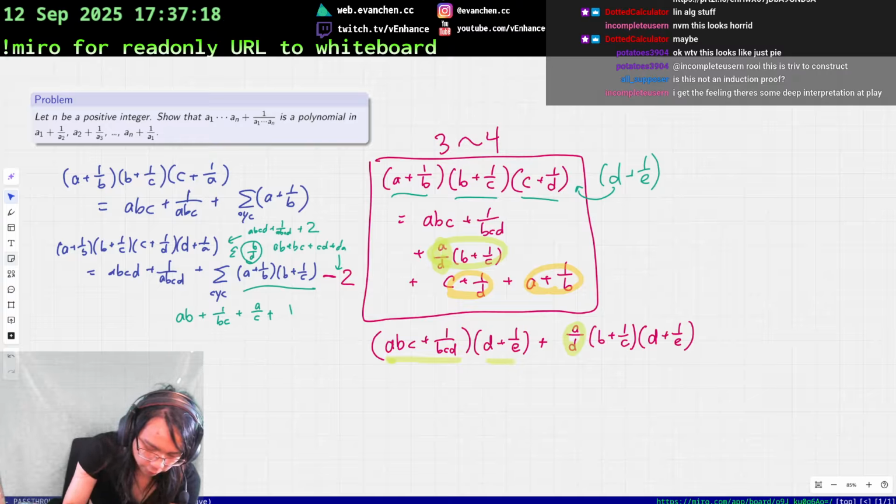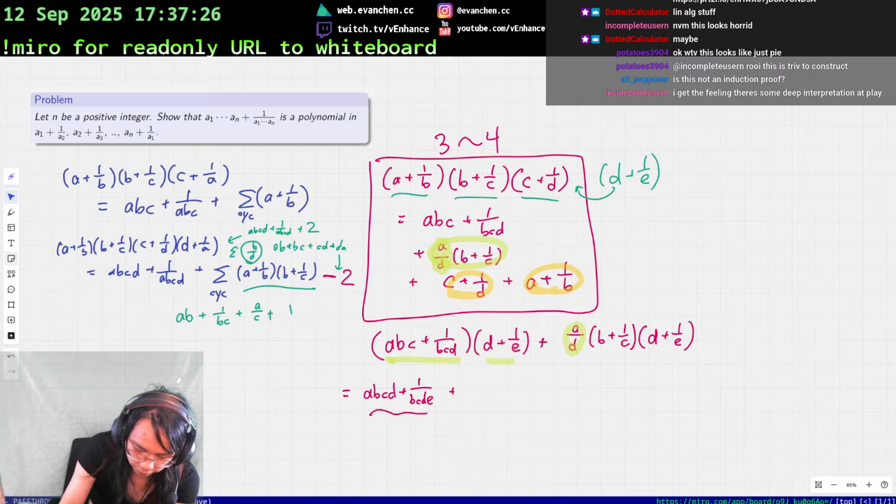When I clear that out, the terms that are left over, abcd+1 over bcde, are okay. And then I have some new stuff, which is, oh Jesus Christ, 1 over bc plus abc over e. So these are bad.